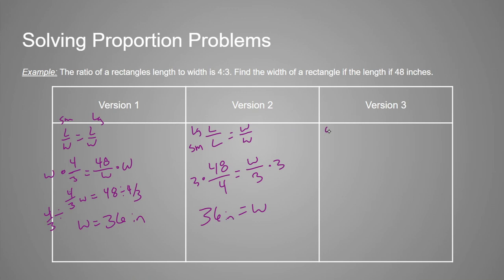And the last one, we said we're going to take that large one times the small one. So what we have is 48 over W times 3 over 4. Now you're probably wondering how we're going to get the W off of the bottom.